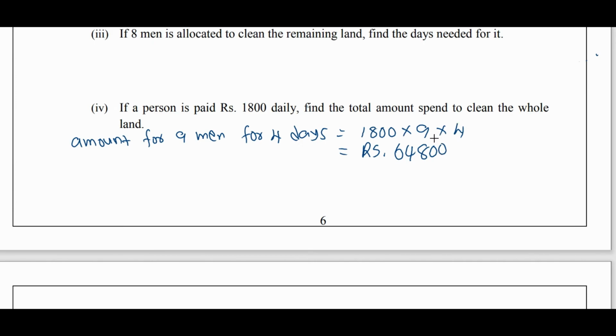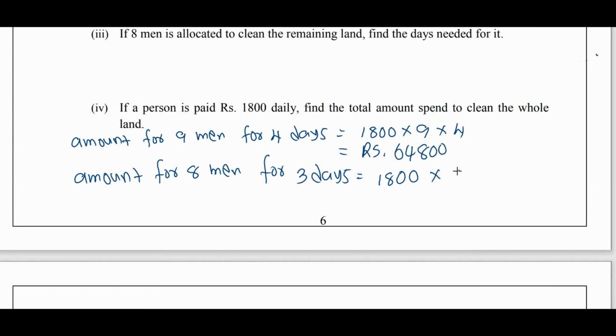And the amount for 8 men for 3 days. That means 1800 for one person, and there are 8 men, and they have worked for 3 days.